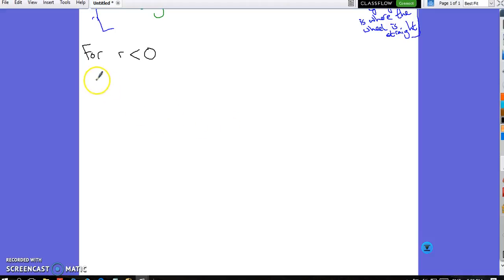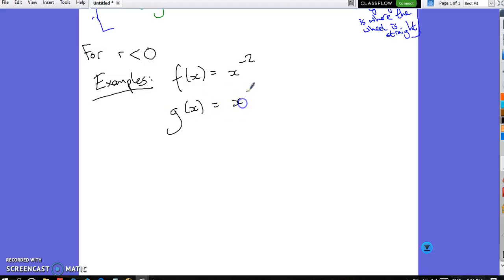So if we look at one or two examples, let's take f of x being x to the power of negative 2 and g of x being x to the power of negative 5, then we know from the rules of powers that x to the power of negative 2 is actually equal to 1 over x squared, and x to the power of negative 5 is 1 over x to the power of 5.